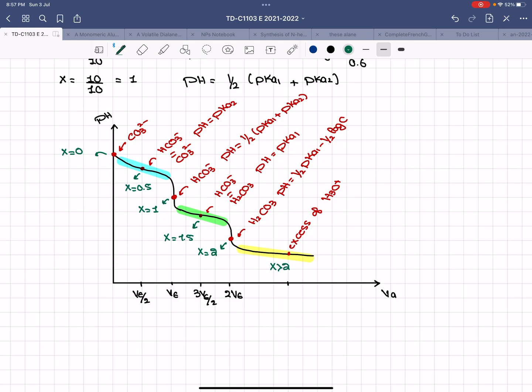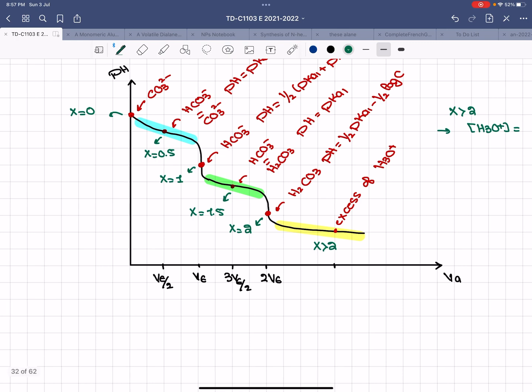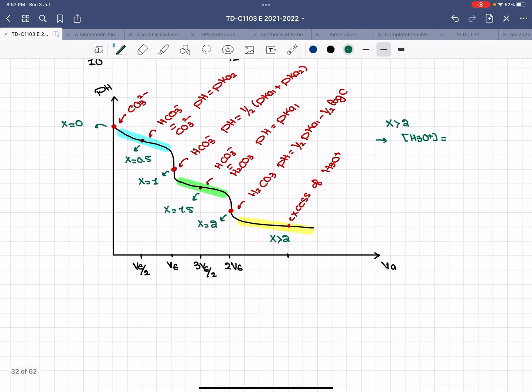Whenever you have X greater than 2, simply find the H3O plus remaining in the system. For this case, it is the original concentration, let me say CA so we don't mistake it, okay, not CBVB.